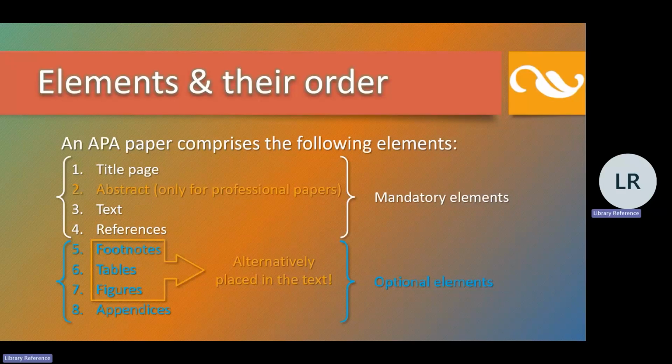My personal opinion is that footnotes, if you need to have some, are better off inside the text. It's easier to place them inside the text, whereas tables and figures would better be placed at the end after the references. But of course, this is something for you to decide.